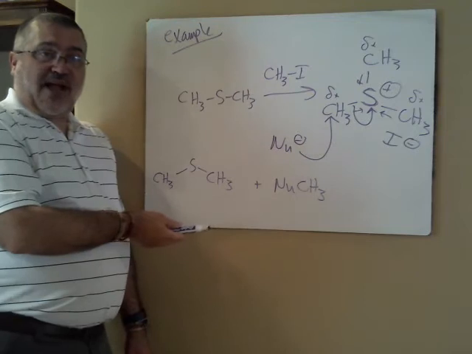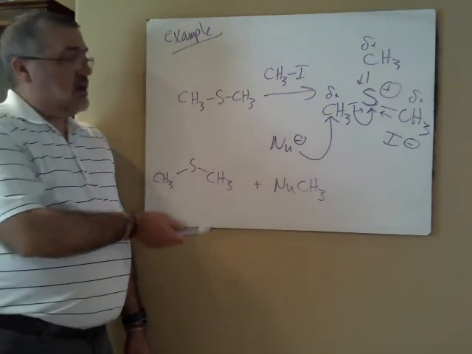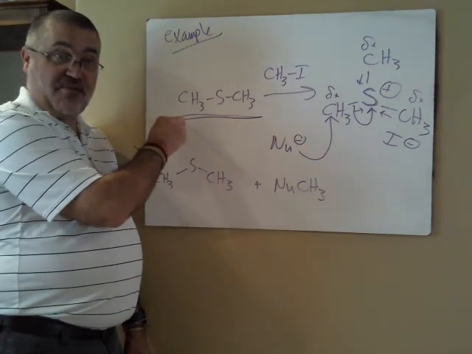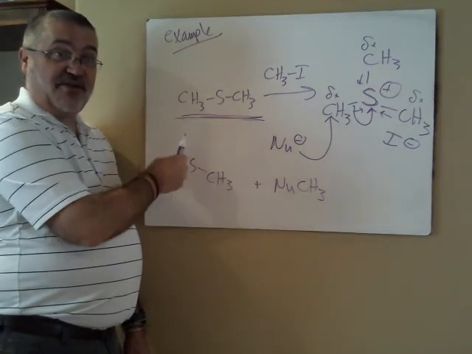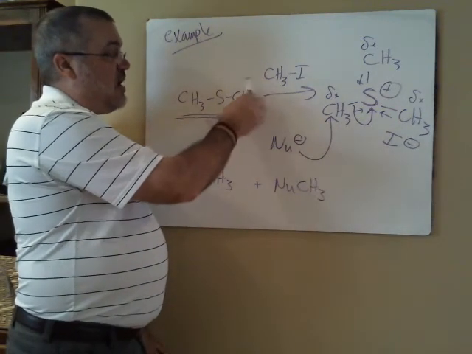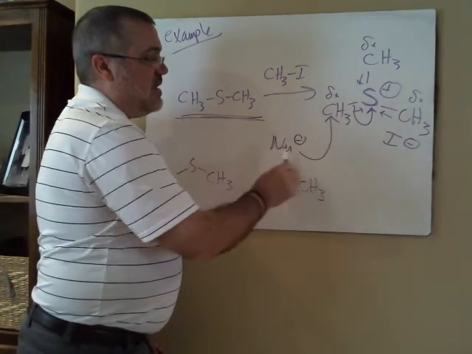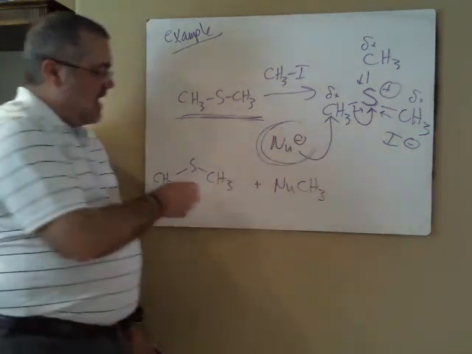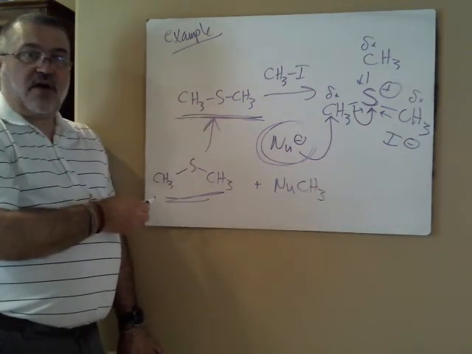Why would this be a reaction that the body could use to do alkylations? Well, because if you can imagine an amino acid, for example, that maybe has a sulfide functionality, or other molecules, if you're alkylating them to form a salt like this, then you can alkylate something else in the body and you recover the sulfide.